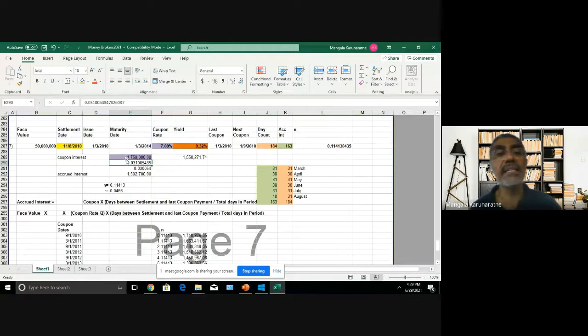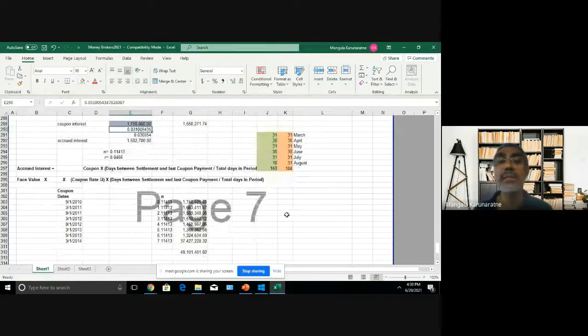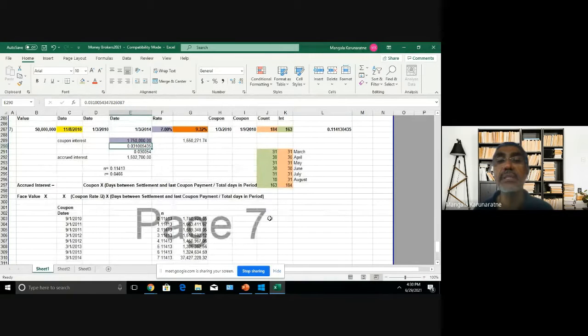You don't get this coupon interest first, right? So what you do is you have a different way. That is, you first do this part. Shall I show you the earlier one, or do you want me to do it? I'll do it somewhere here. Right, okay, how to do this accrued interest calculation. Now this is there.